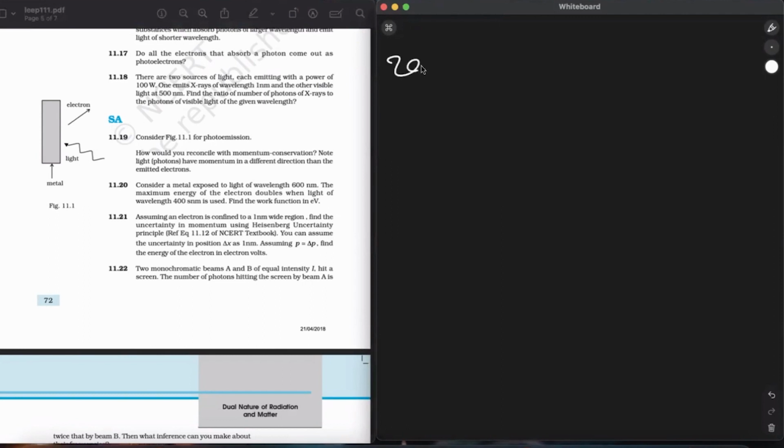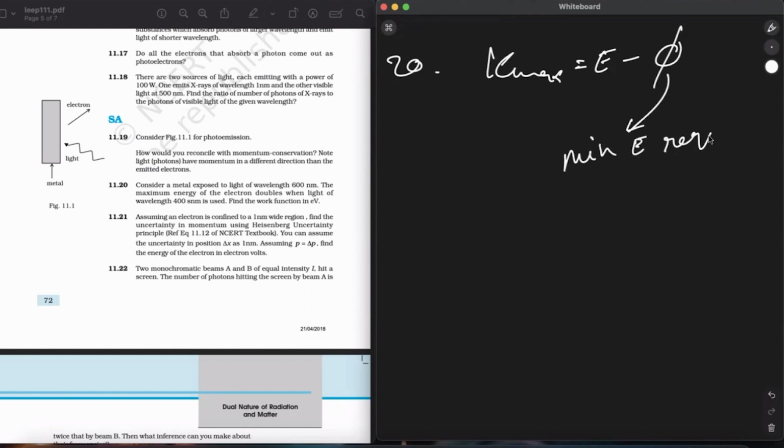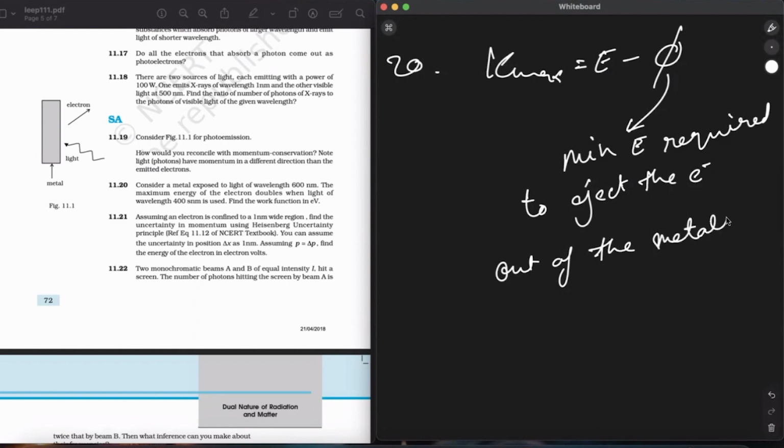The formula is K max, given by Einstein: E minus work function. This is the minimum energy E required to eject the electrons out of the metallic surface.